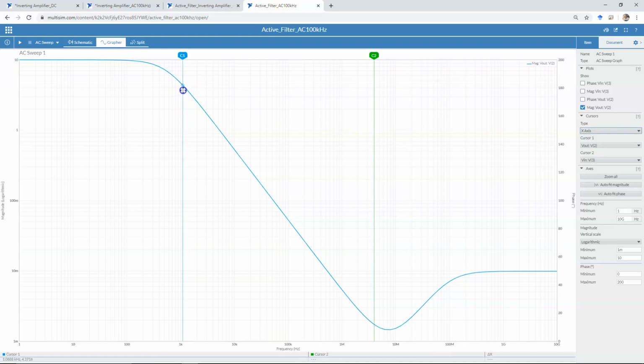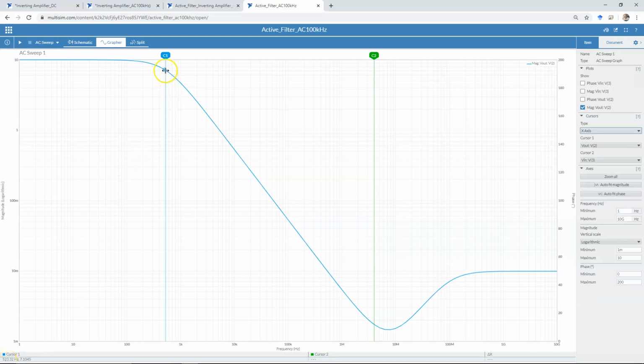Let me try and move this here. Okay, I see 7.07. I'm going to try and get as close as possible. So I see right here that my voltage is 7.1 at a frequency of 523 hertz. So my voltage is 7.1 volts at a frequency of 523.